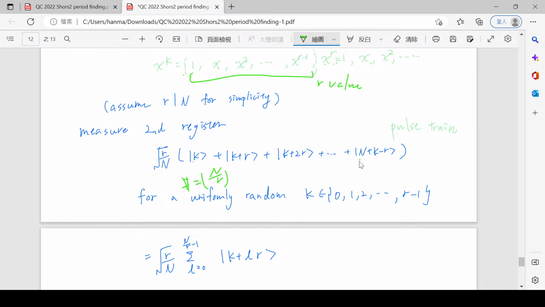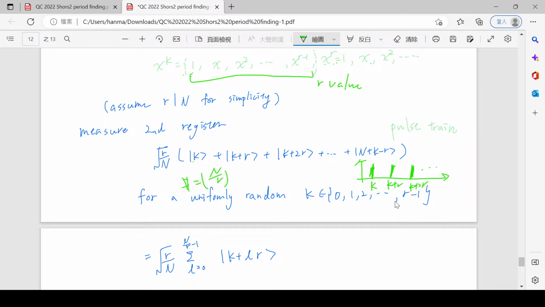If you draw the amplitude, you have some amplitude at k, some at k plus r, some at k plus 2r, etc. If you study signal processing, this kind of signal, with pulses at equally spaced places and equal height, is called a pulse train.